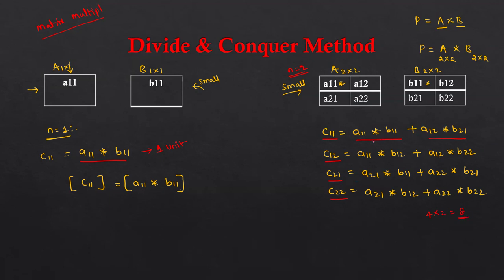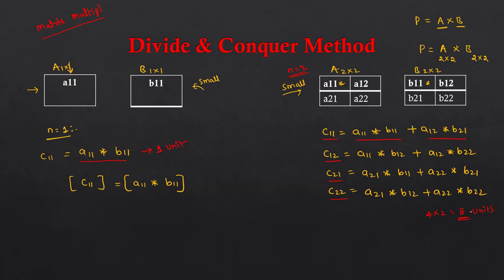Each multiplication will take 1 unit of time, so in total it will take 8 units of time. In this case, it doesn't matter what type of elements are present inside. It definitely takes 8 units of time. It never increases and it never decreases.